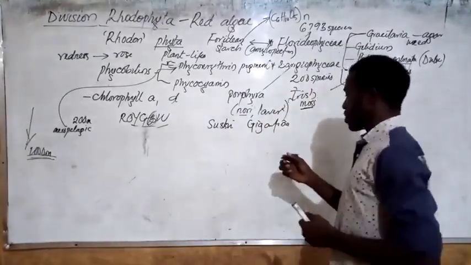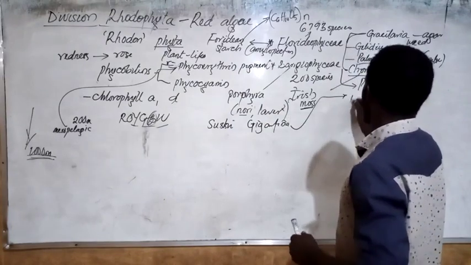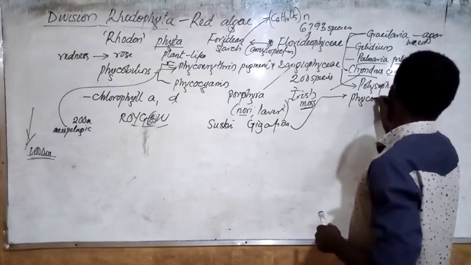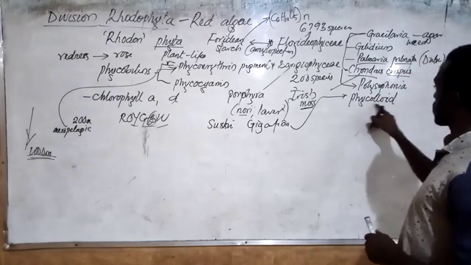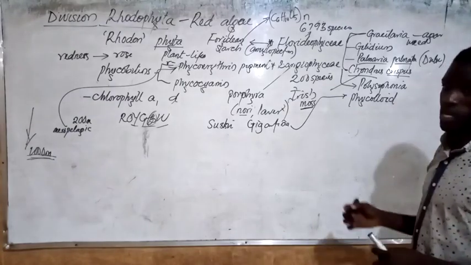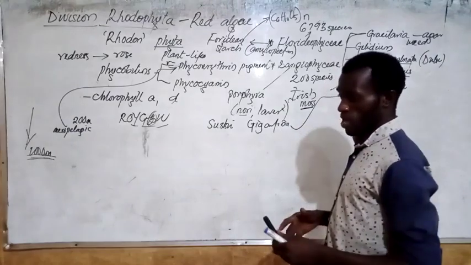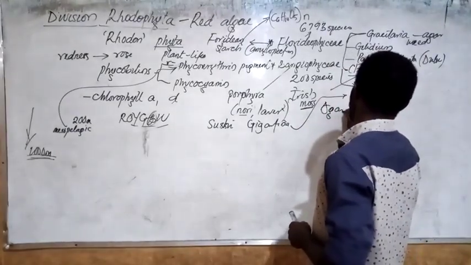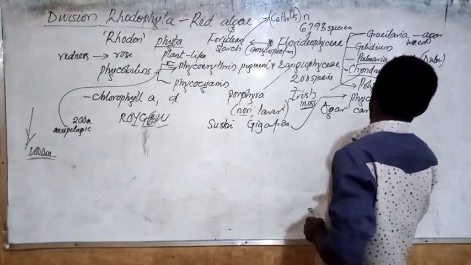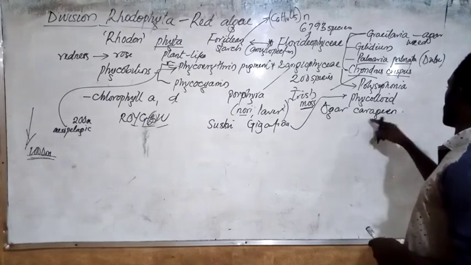Because they are a good source of certain phycocolloids, right? Phycocolloids are colloids derived from plants. We have about three of them: the alginates, the agar, and carrageenan. So agar and carrageenan are mostly extracted from the red algae.